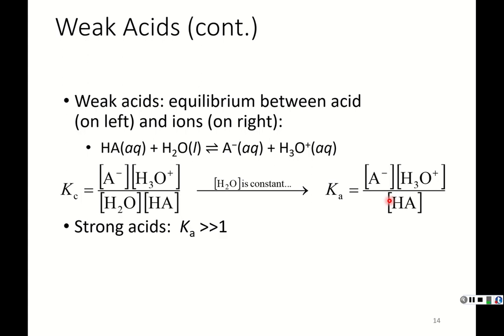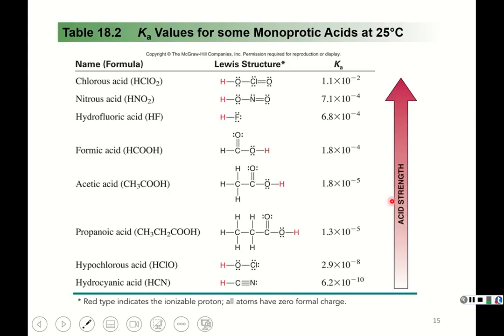Okay, for strong acids, this Ka value is much, much greater than 1. Weak acids, it's about 1 or less than 1, oftentimes pretty small.